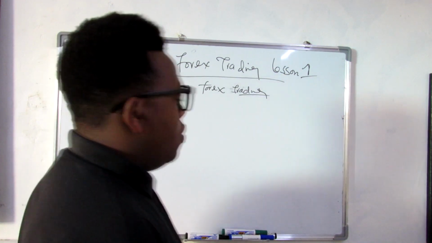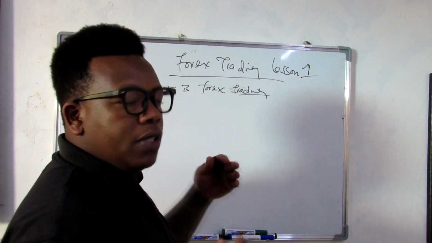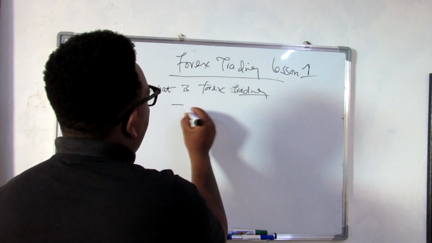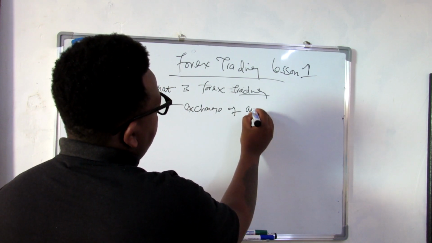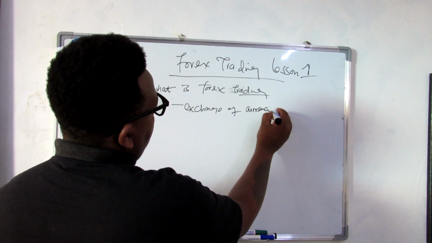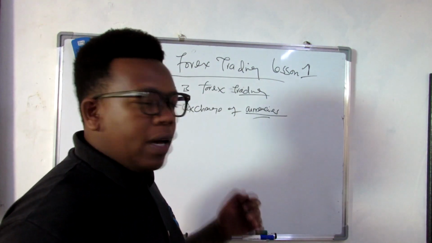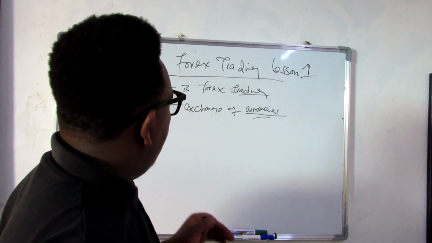First things first, the general definition of Forex trading is the exchange of currencies. I'm going to start from the basics so that everyone out there who wishes to learn from scratch can understand.